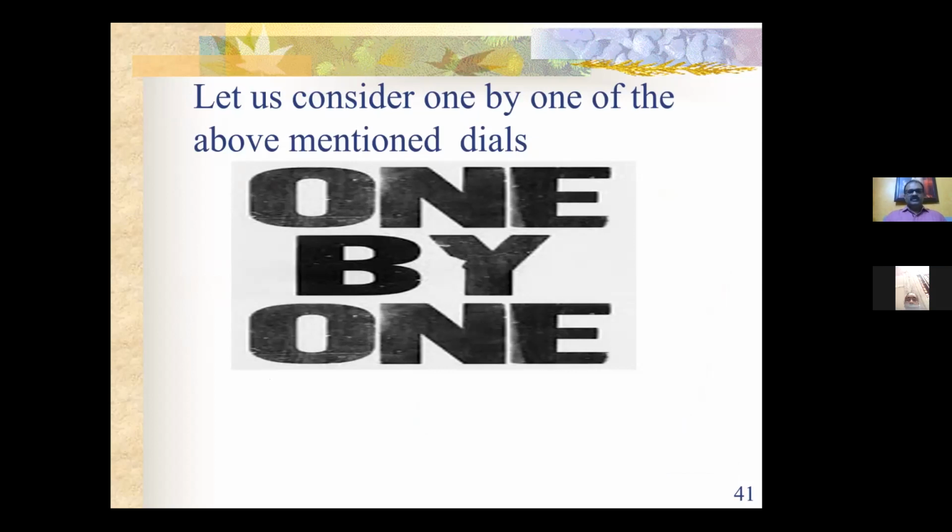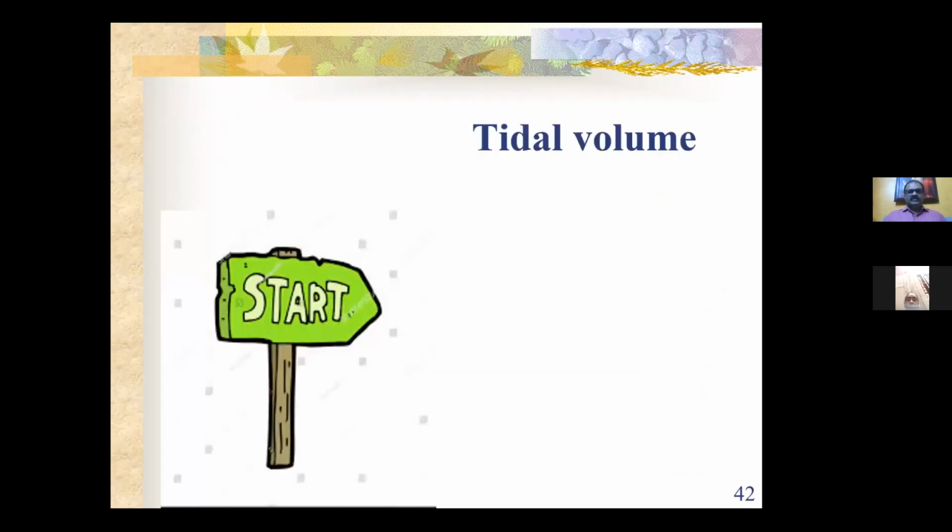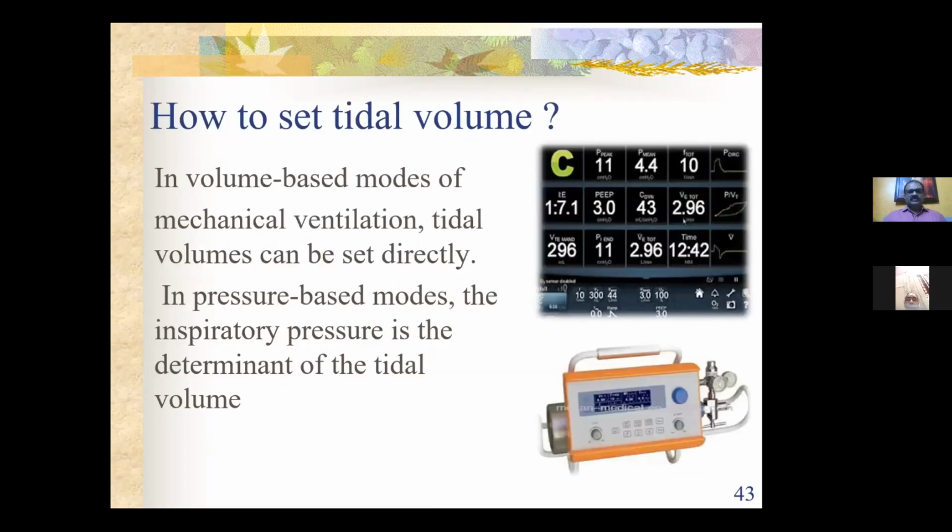As we said, in volume control mode, or volume-based mode, tidal volumes we can set directly. We can set tidal volume as 400, 300, 500, 600, whatever values. We'll go through the details later.